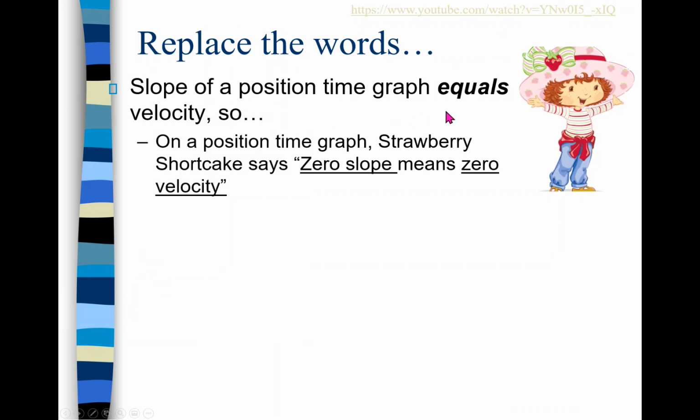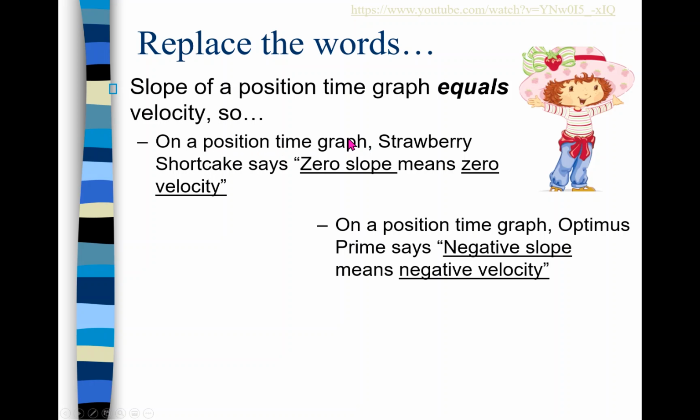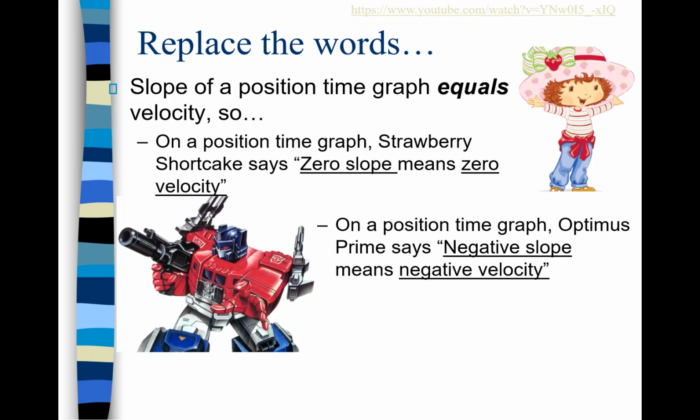But my takeaway here is the slope of a position time graph equals velocity. So what we can remember here is on a position time graph, Strawberry Shortcake says 0 slope means 0 velocity. And then on a position time graph, you have to keep emphasizing, on a position time graph, Optimus Prime says negative slope means negative velocity. That's not really what Optimus Prime sounds like, but that's how he made it in this recording.